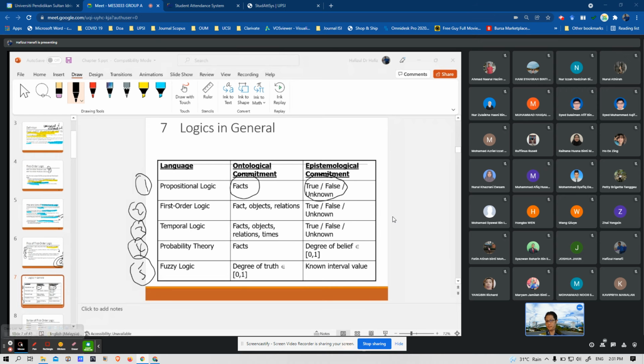And then we have temporal logic. For the ontological, you need to study the existence or the conditions. Basically it shows the relation between the concepts and categories in the subject area or domain of the problem.